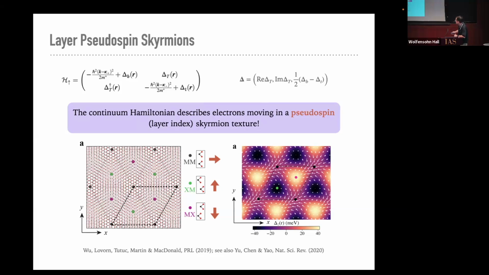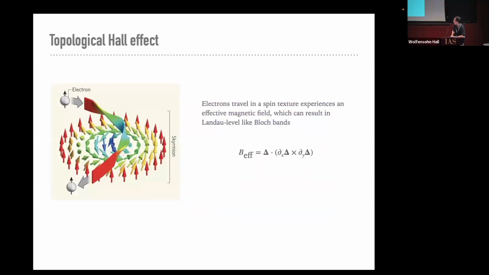Okay. So now you can see that even in terms of topology, we have a very simple real space understanding: we are basically looking at an electron moving in a skyrmion lattice, but it's a pseudospin because here it is a layer index. And we are all aware of the topological Hall effect. When you have an electron moving in a spin texture, it will experience a Berry phase, which is given by the solid angle spanned, this S1 dot S2 cross S3 type.